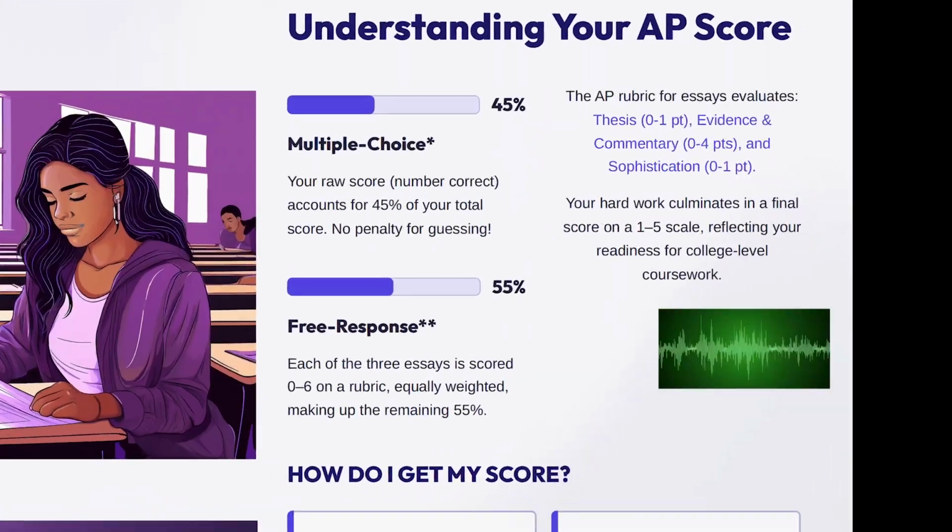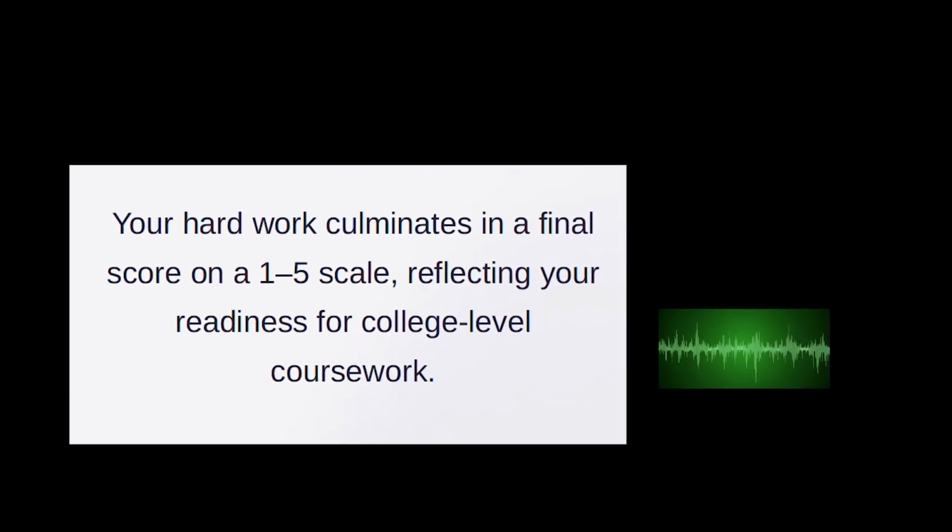If you get your thesis and let's say 4 points in the evidence and commentary section, you will be getting 5 out of 6, which is a very good essay. If on top of that you get the sophistication point, you will be getting 6. An essay with a score of 5 out of 6 is a very good essay. Your hard work culminates in a final score on a 1 to 5 scale, reflecting your readiness for college-level coursework.